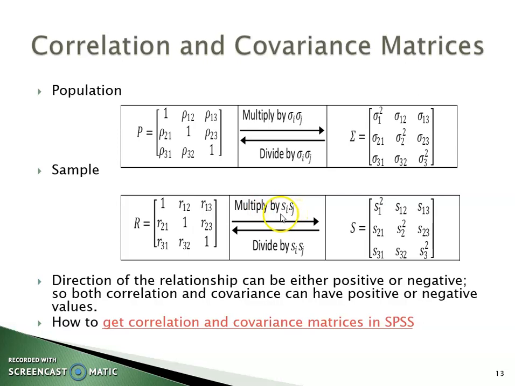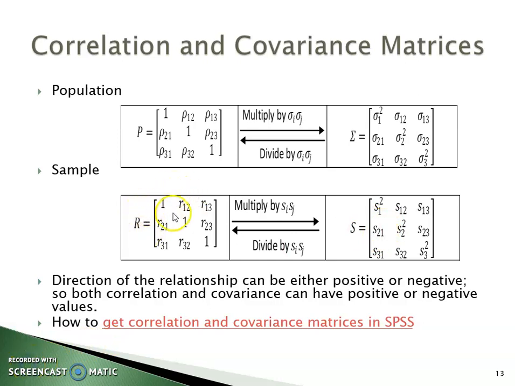Their standard deviations are s1 and s2, okay? You times the correlation between x1 and x2 by the standard deviation of x1 and by the standard deviation of x2, you get the covariance between x1 and x2.